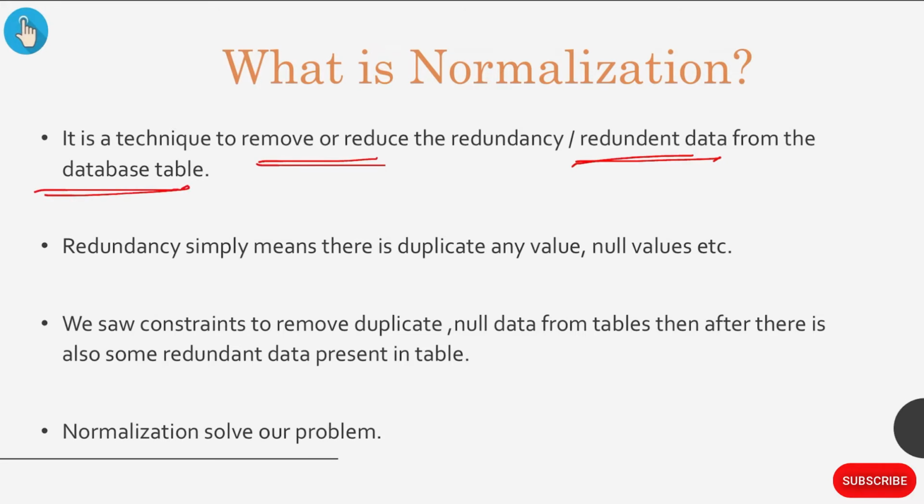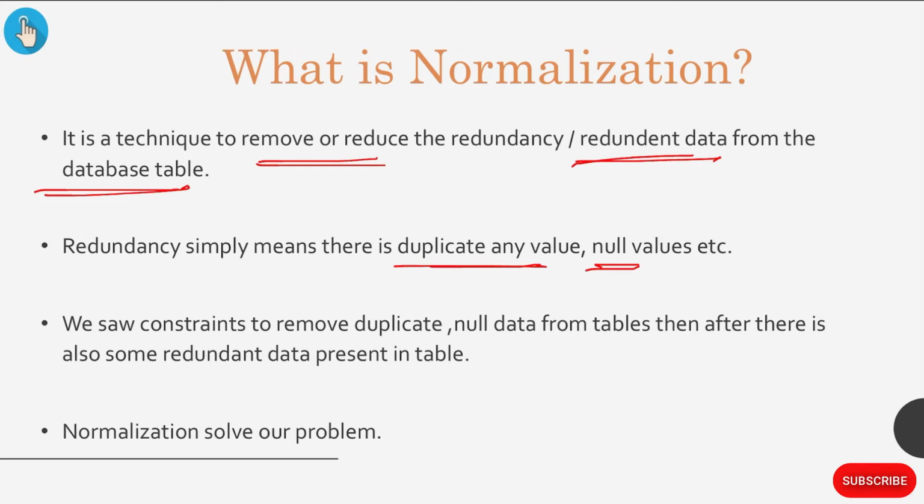Now what is redundant data? Redundant data simply means duplicate values, null values, repeated values, etc. So here, if the SQL constraints are doing their work properly and repeated data is still coming, then normalization solves that problem.